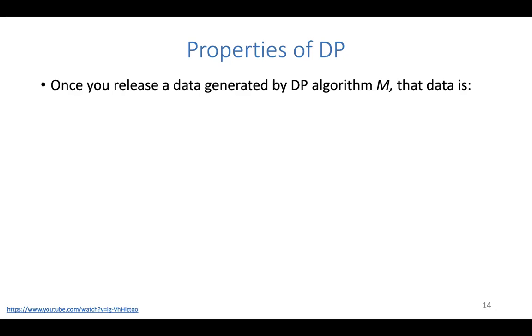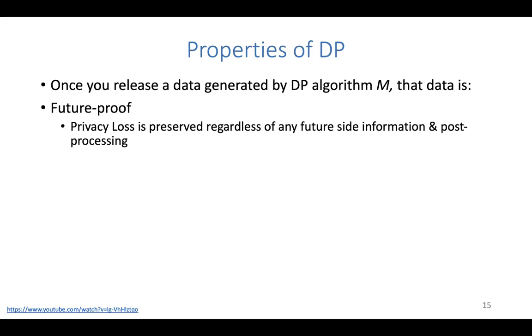And then after doing a series of analyses, you release a final result of the analysis to the world. In that case, first of all, the released data set is future proof. So a certain level of epsilon privacy loss is preserved regardless of any future side information or post-processing.